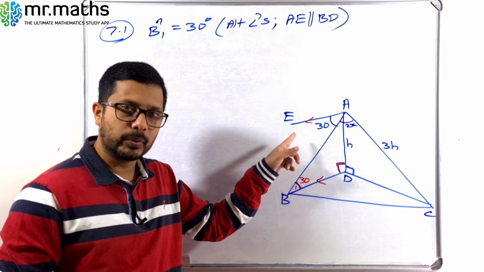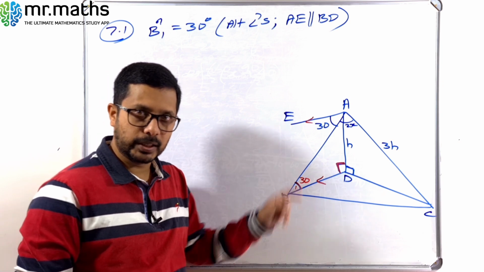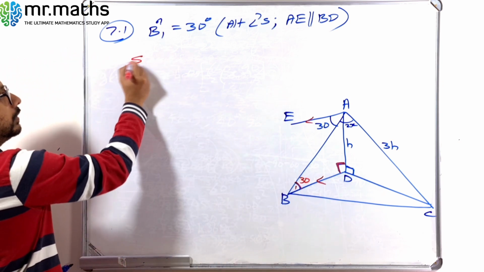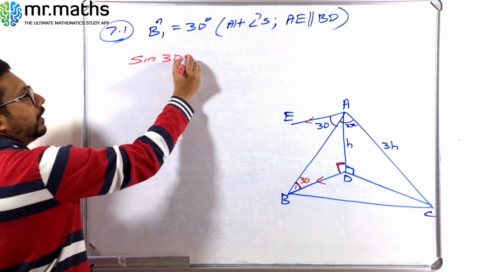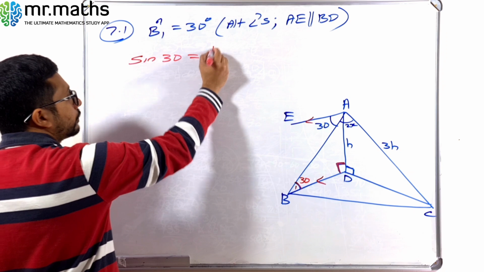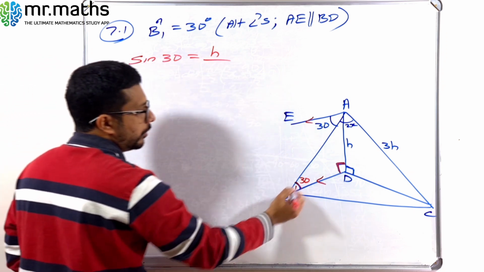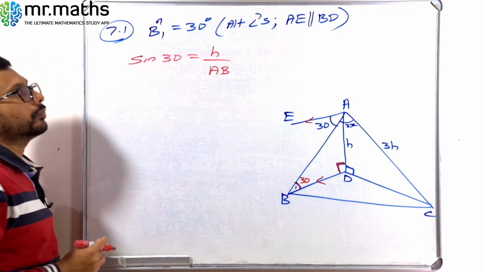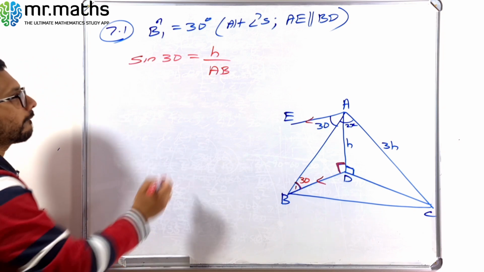Opposite over hypotenuse, that is sine. Sine of what angle? 30. So sine 30 is equal to the opposite side, h, divided by the hypotenuse, AB.